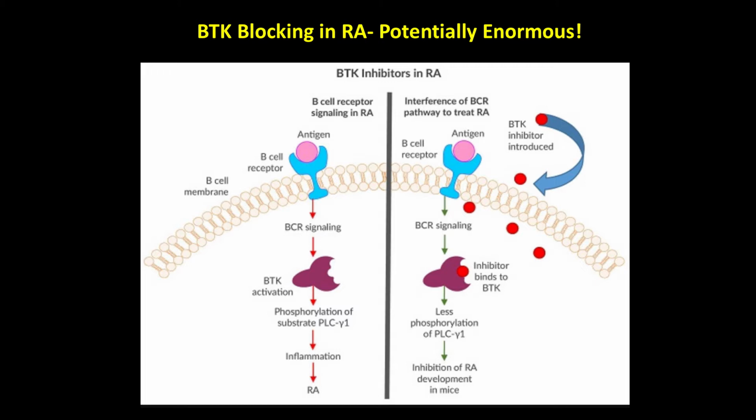It's also possibly going to affect the ability of B cells to present antigen. And remember, B cells are the major antigen-presenting cell for recall antigens in the body. So basically, you can shut down all antigen presentation. Dr. Calabrese talked about the importance of the dendritic cell for initiating antigen presentation, but all memory responses, remember, come from the B cell.